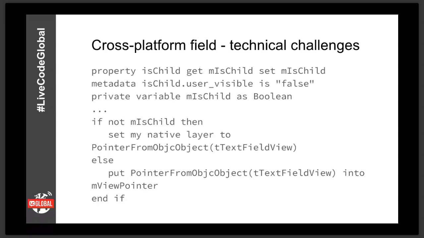So here's how that works. Similar property definition, and then if it's not a child widget, then it sets its native layer. But if it is, then it just puts it into the mViewPointer variable, which can then be accessed via the native view property by the parent.